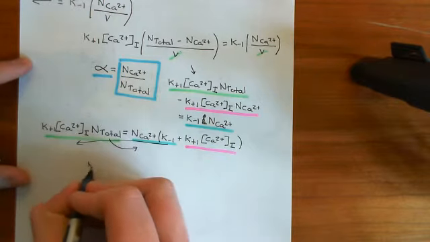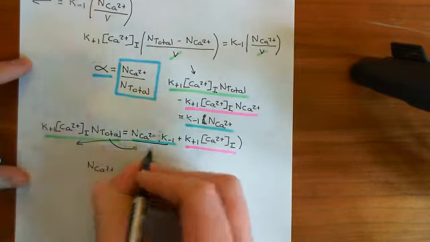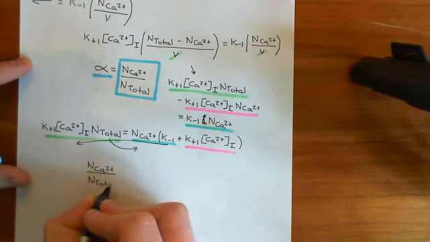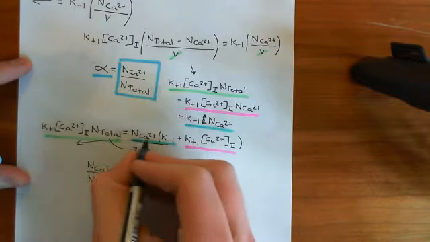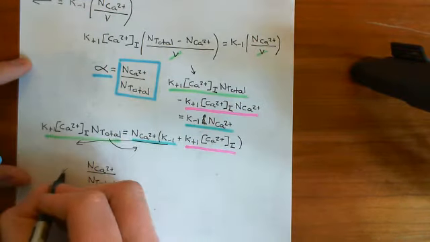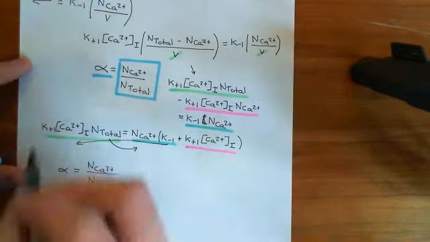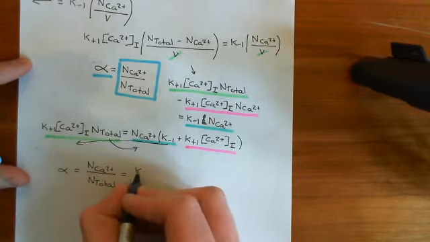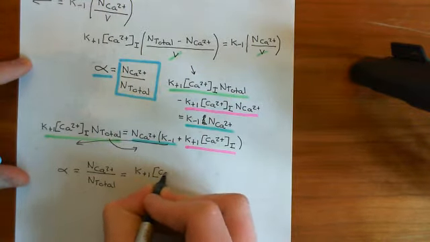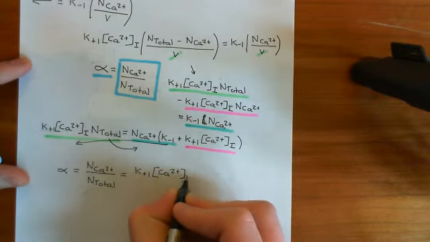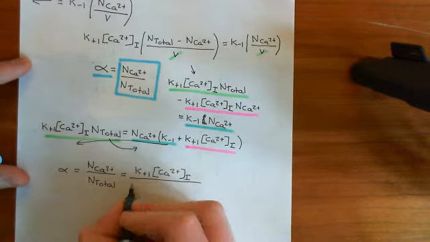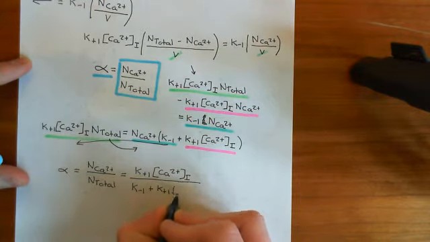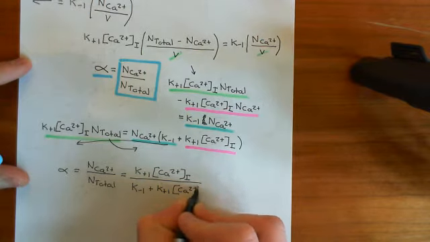So what I'm then going to get is NCA2+. I'm now swapping it round so that I've got it in the more normal formula style. This side here is NCA2+ with the n total over it, and this is what we've defined to be equal to alpha, equal to this portion here, which is K plus 1 times the intracellular calcium concentration, divided by K negative 1 plus K plus 1 times intracellular calcium concentration.